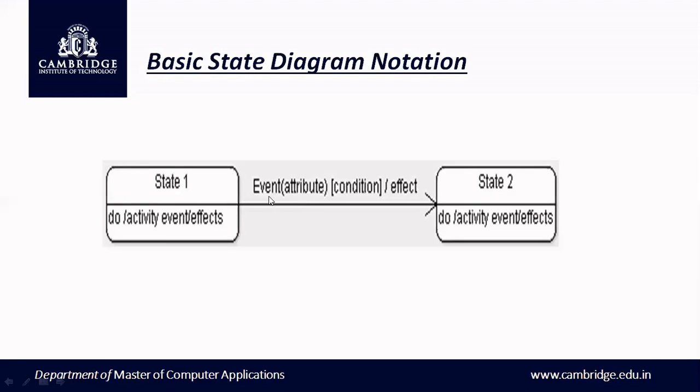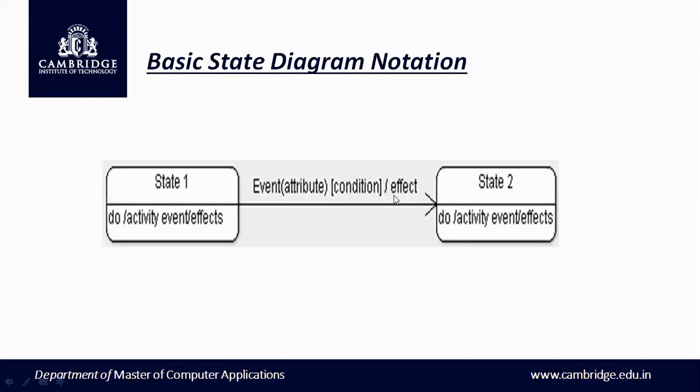And then we have the event and the effect. The event is the type of event that is occurring, and the effect is the result on the system as a result of this event.